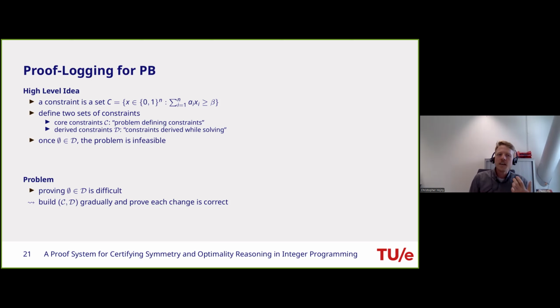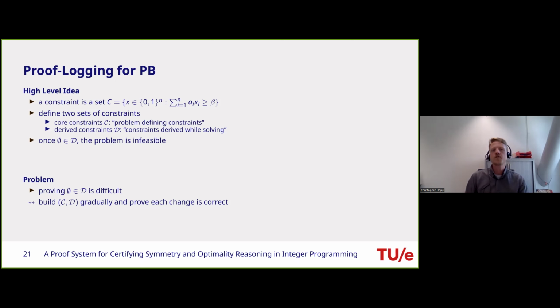And the high-level idea is that I want to prove in the end that my problem becomes infeasible. Maybe I know that a feasible solution exists with a specific objective value, and I want to prove that no better solution exists. So if I introduce an objective cutoff, then I want to prove that this restricted problem where I want to find an improving solution is infeasible.